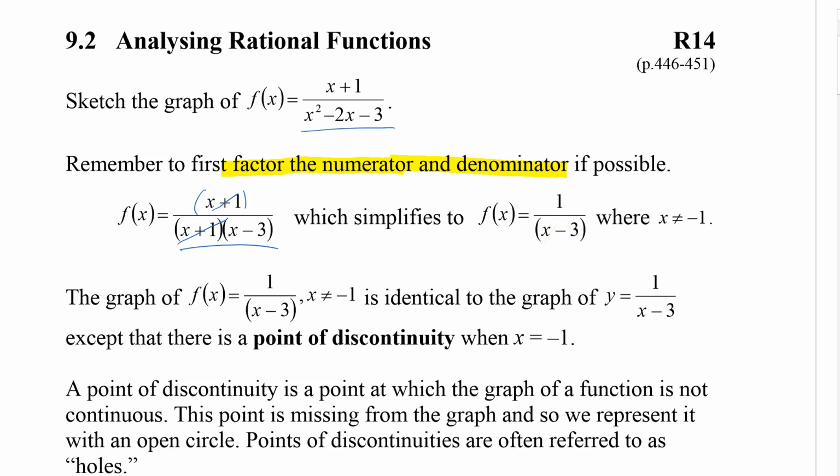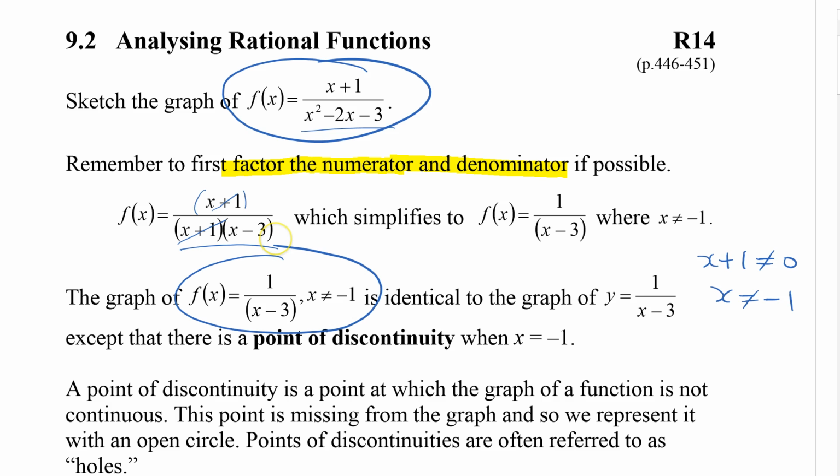Now the thing to watch out for is I can't be dividing by 0. So I have to make sure when I do that action of dividing by x plus 1 that I'm not dividing by 0. And so x plus 1 cannot be equal to 0, so therefore x cannot be equal to negative 1. So what I've done now is I've changed my original function into this function over here.